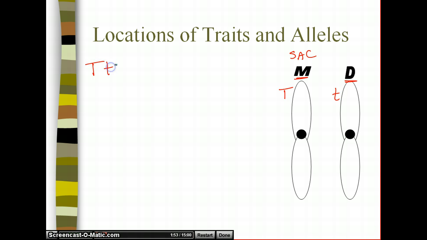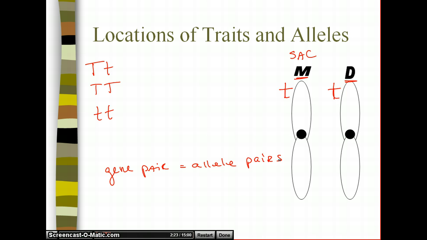So there's one possible combination. You could also have big T, big T, two of the same forms. They don't have to be different, it's still a homologous chromosome. Or little t, little t. These are gene pairs, or allele pairs.